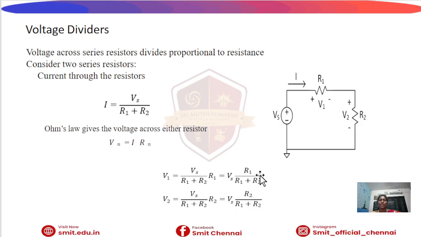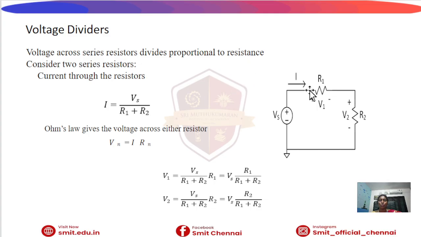If two resistances are connected in series, what is the formula? How will the current I be calculated? The current is equal to the source voltage Vs divided by the sum of all the resistors, that is R1 plus R2. By Ohm's law, V is equal to IR. So what is V1?